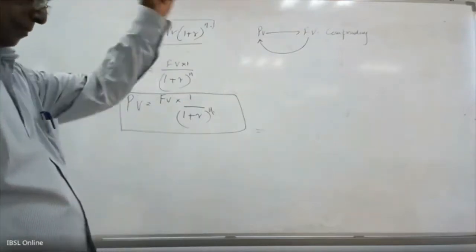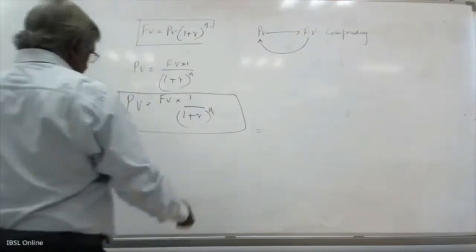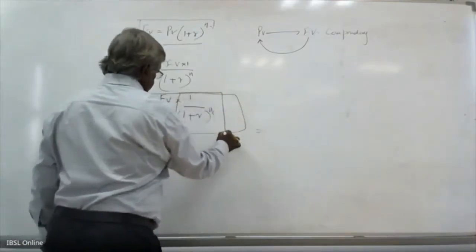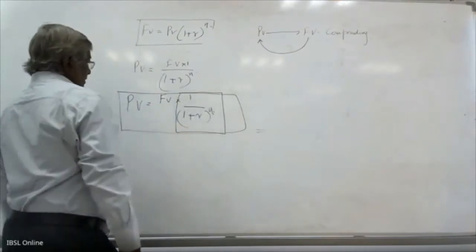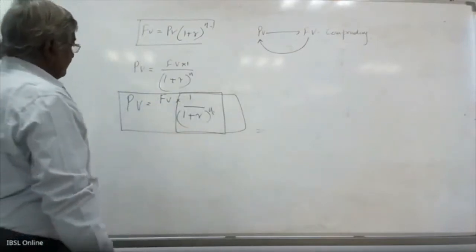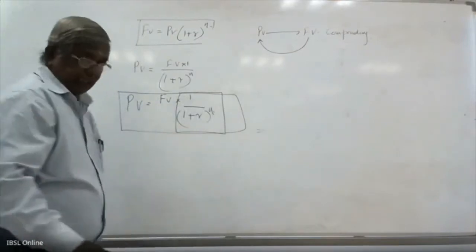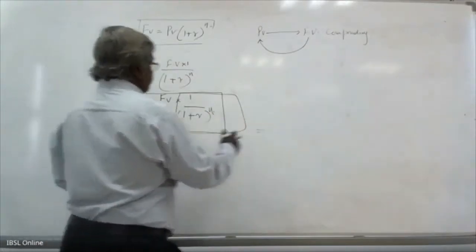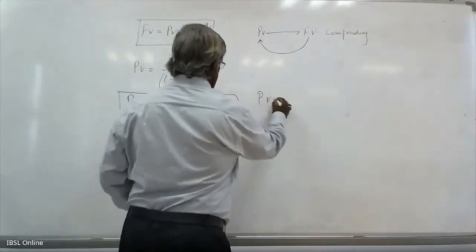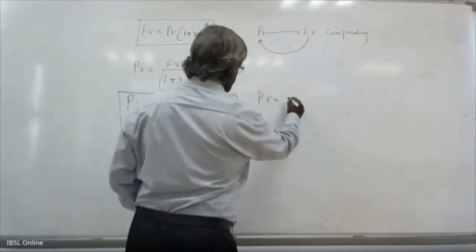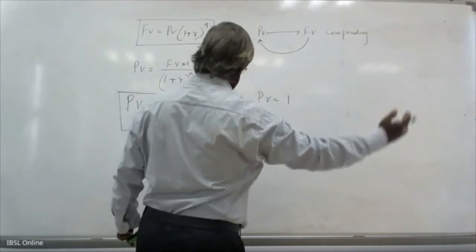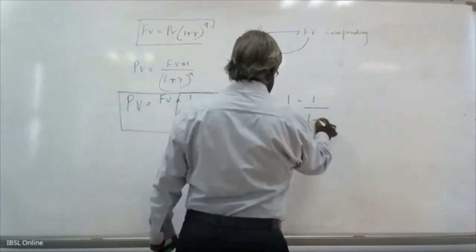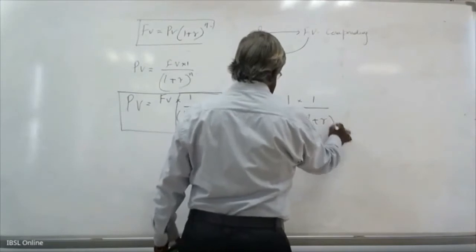Now, what may be this portion? If the FV is 1 rupee, the PV is equal to 1 into 1 divided by 1 plus R to the power n.